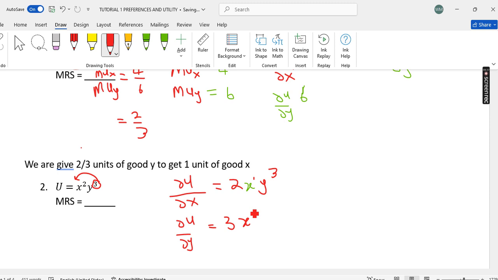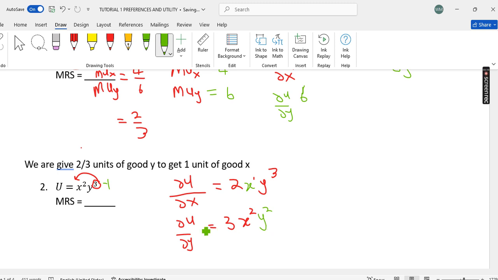X squared, and we have y here. Remember, subtract a 1 from the exponent. 3 minus 1, that is 2. So we get 3x squared y squared. Okay, colleagues? Yes.